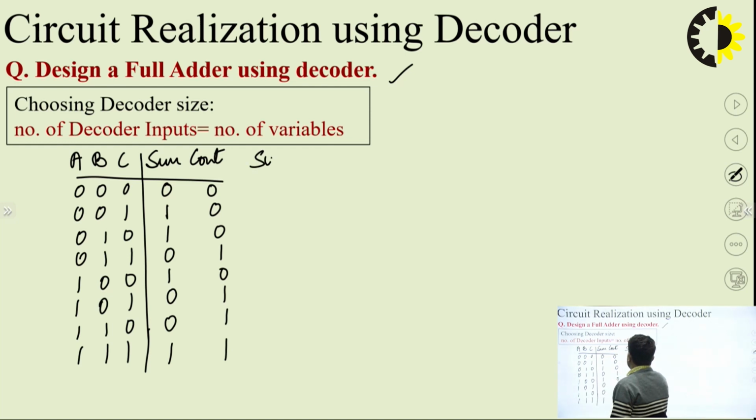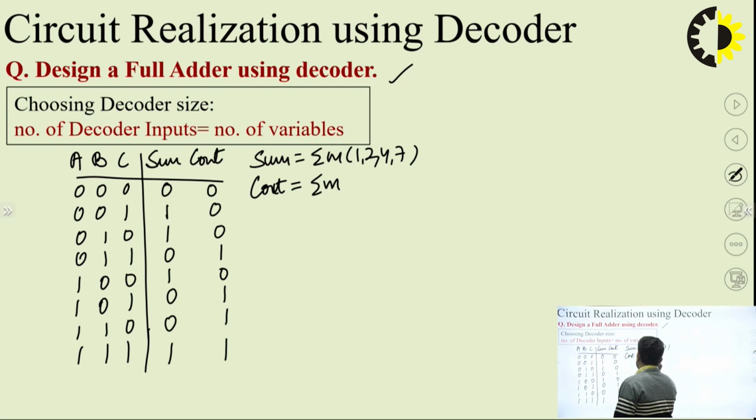So I can find that for sum the minterms are 1, 2, 4 and 7, and for carry out, the minterms are 3, 5, 6 and 7.